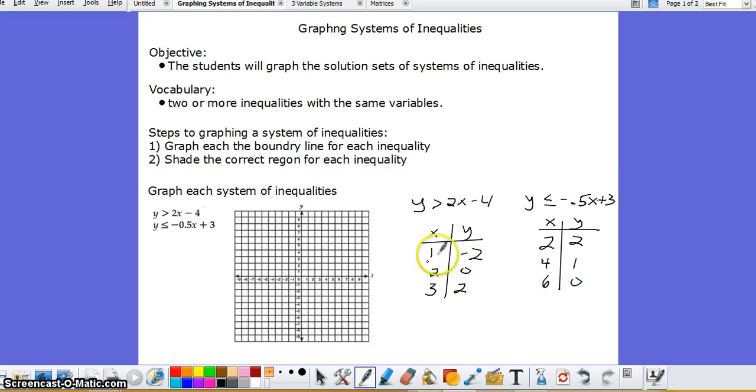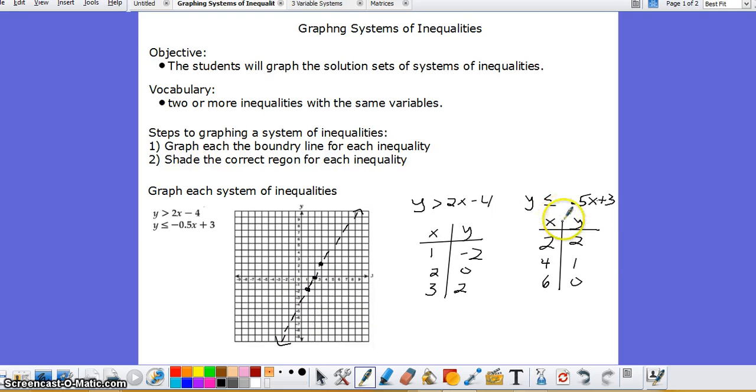Alright, I can then plot these points: 1, negative 2; 2, 0; 3, 2. No "or equal to" means I have a dashed line, so I'm just going to draw a quick dashed line in here.